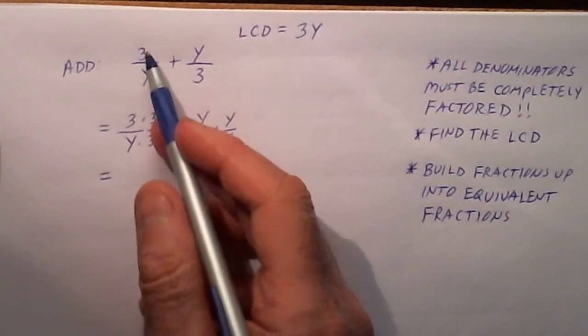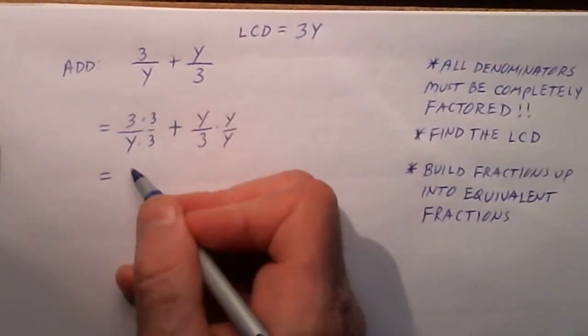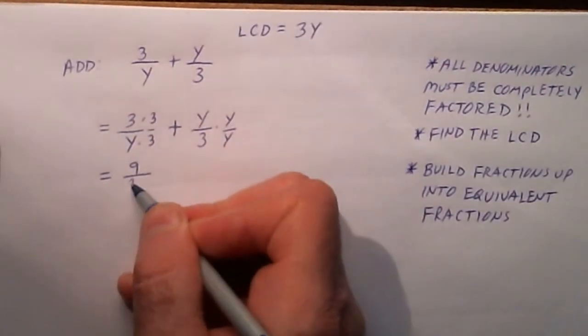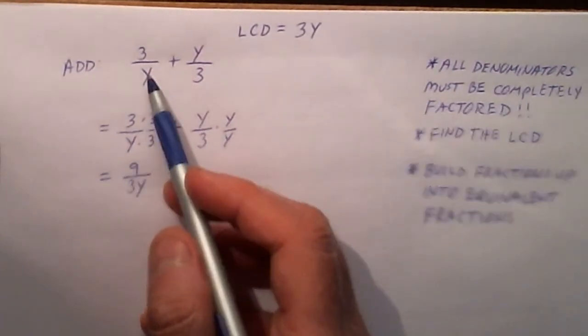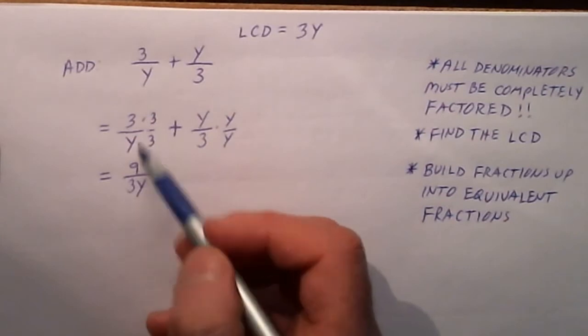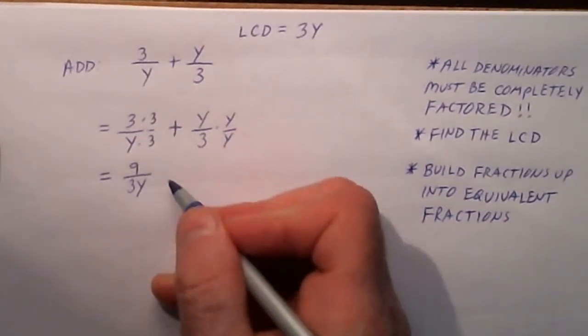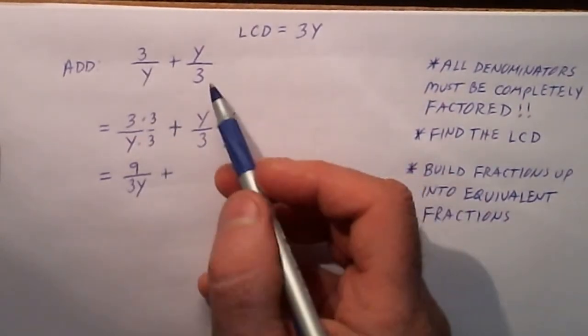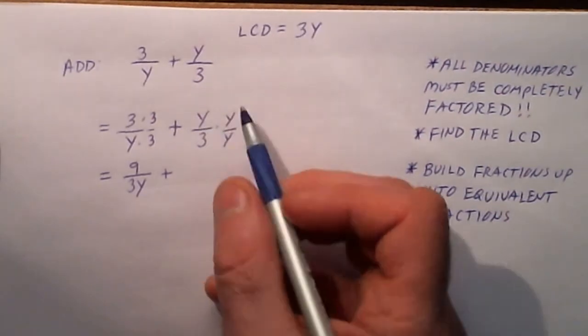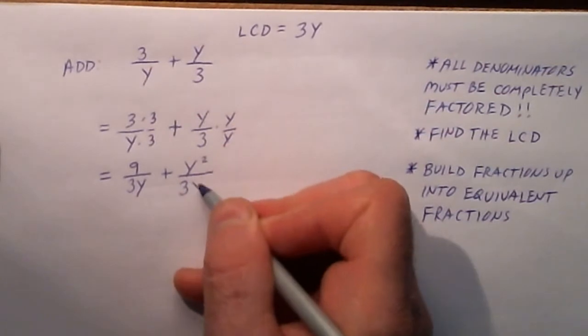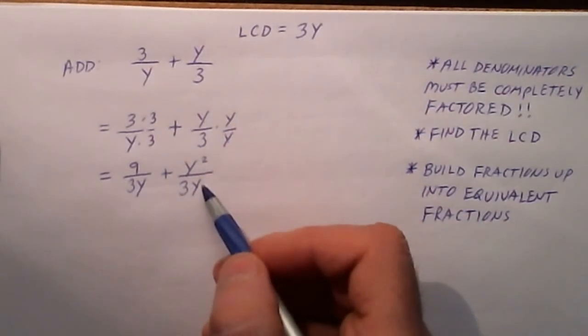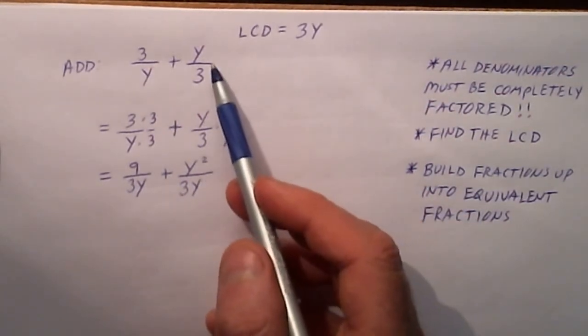Hence, an equivalent fraction of 3 over y is going to be 3 times 3, or 9 over 3y. So 9 over 3y is equivalent to 3 over y. Plus, an equivalent rational expression to y over 3 is going to be y times y, or y squared, over 3y. So y squared over 3y is an equivalent rational expression of y over 3.